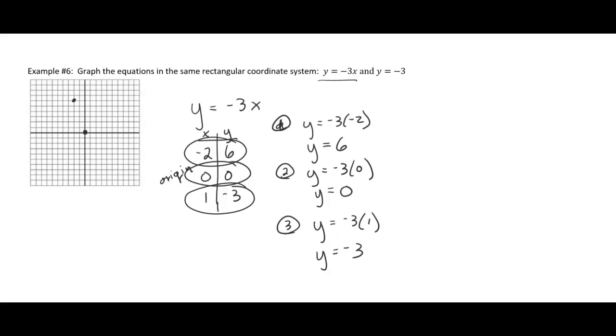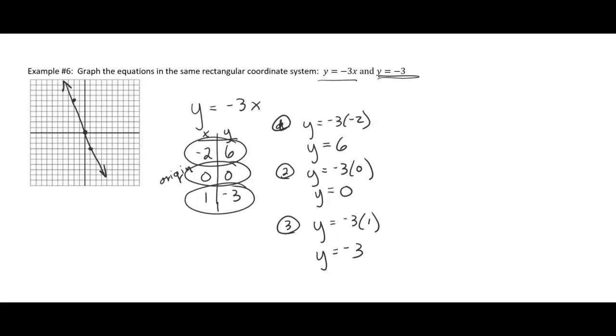And then 1, negative 3, so go right 1 and down 3. Now it is a linear equation, so they should line up. They do. And so it looks kind of like that. Okay, that is that equation. It has an x term, it has a y term, and it happens to go through the origin. We'll talk about that more in some other examples in a while.